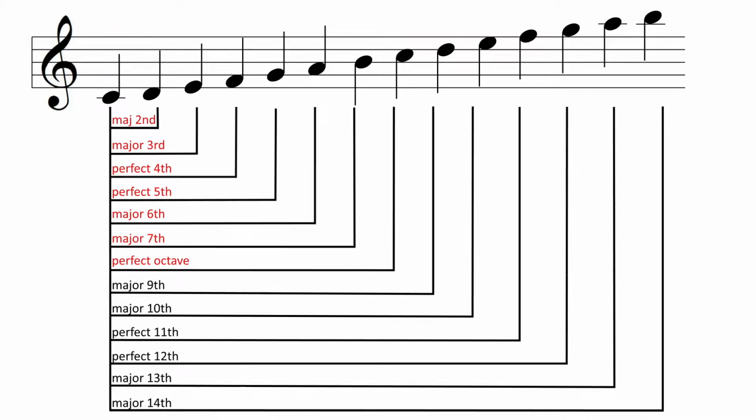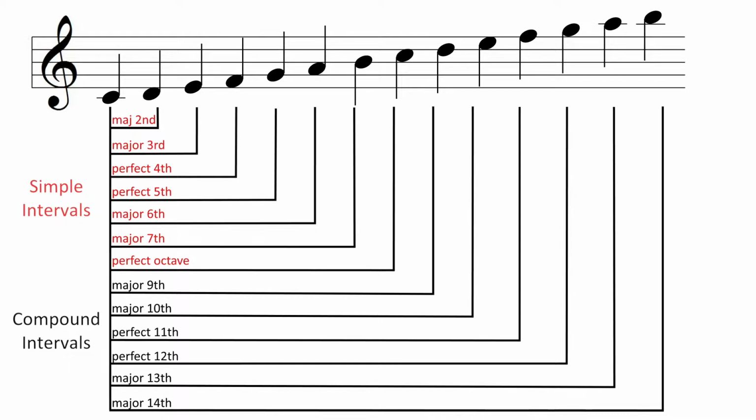The intervals within the first octave of the scale are called simple intervals, and once we go beyond the octave, we call those intervals compound intervals. A simple way to figure out what number interval a compound interval should be is by adding 7 to its simple interval counterpart.